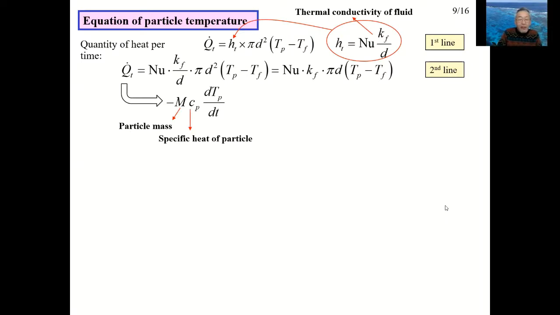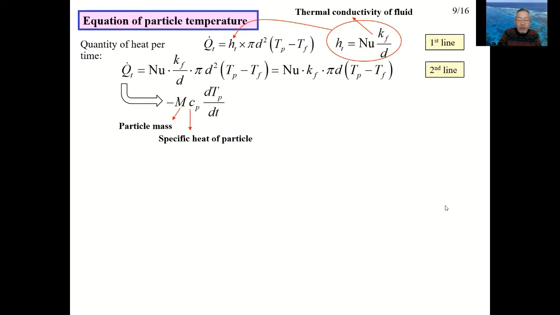This change depends on the particle properties such as mass and specific heat. The Qt dot can be expressed by the time derivative of particle temperature dTp by dt multiplied by specific heat and particle mass.